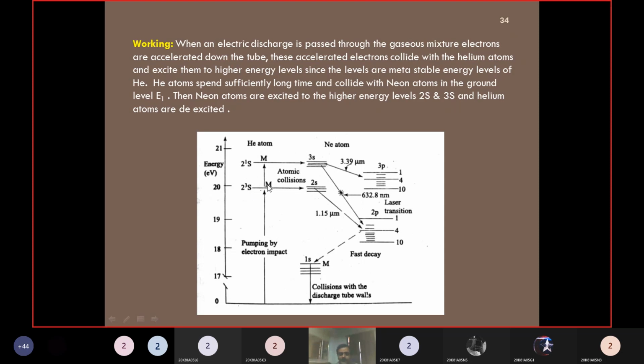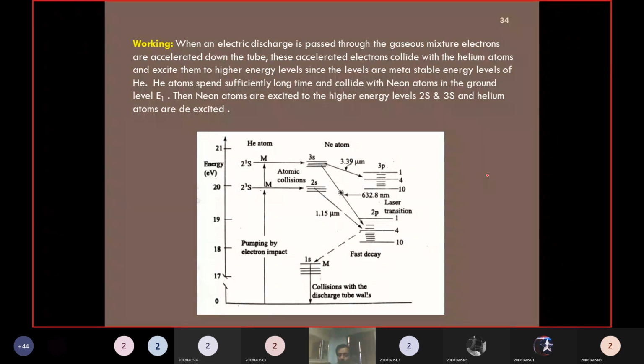Okay, spin energy levels. There are three types of energy levels: electronic energy levels, vibrational energy levels, and rotational energy levels. Three energy levels will be there. I will explain how.